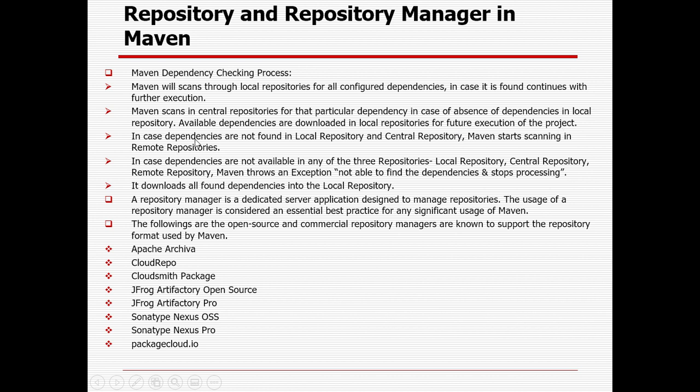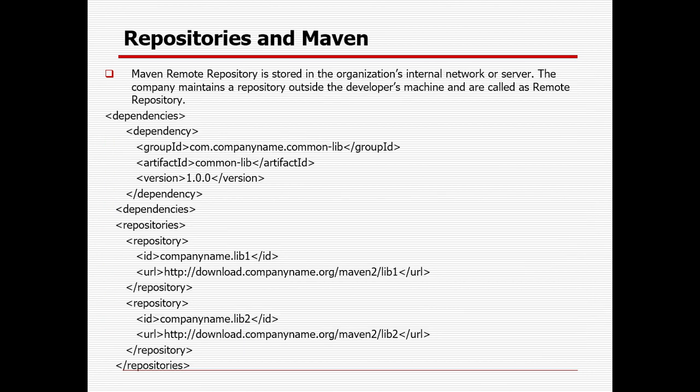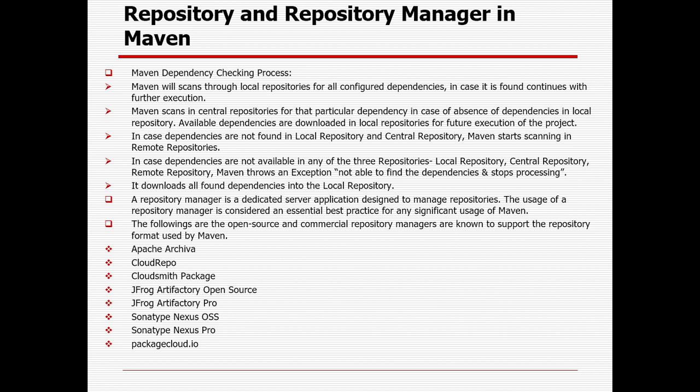In case the dependency is not found in the local and central repository, Maven starts scanning in the remote repository. First local, then central, and then remote, right? In case the remote is also not able to find it, Maven will throw an exception, not able to find the dependency, and stop processing, right? It downloads all the found dependencies again to the local repository.